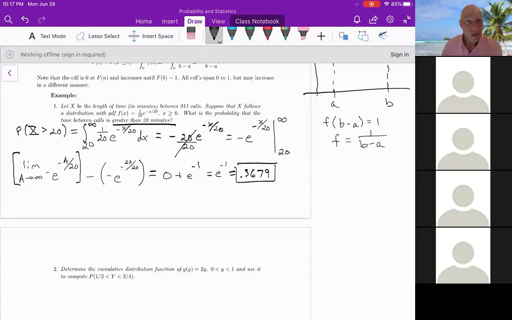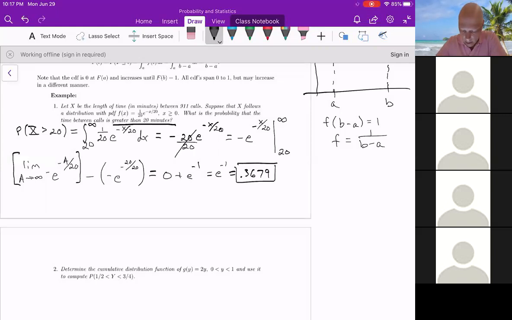This is your first example of how you might use a continuous distribution. Now, this PDF is a well-known one, but I'm introducing it here, but I'm not going to give you its name just yet. We'll get to that maybe next class. But that is a well-known one and a fairly simple one to apply.